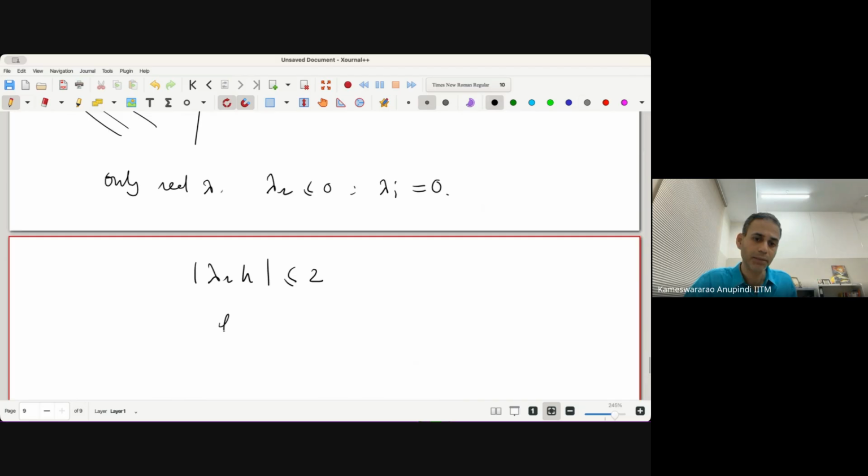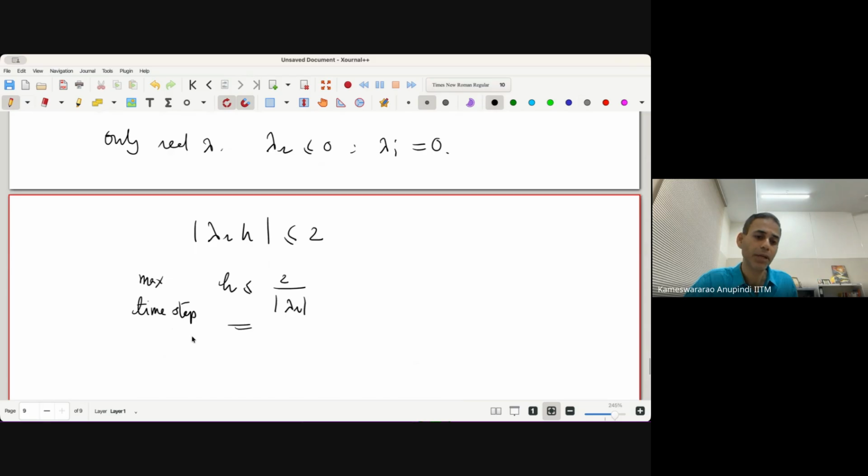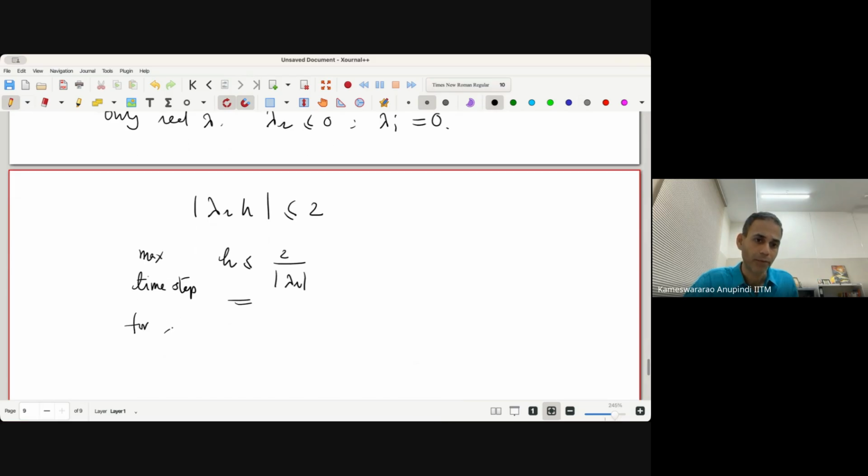As a result, the maximum time step I can take would be 2 by modulus of lambda r. So this is the maximum time step that can be taken for obtaining a stable solution for a given lambda r when lambda I is equal to 0.